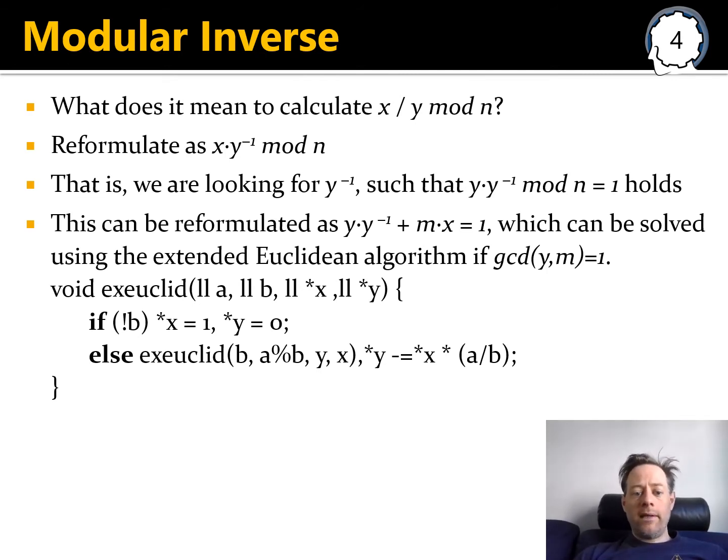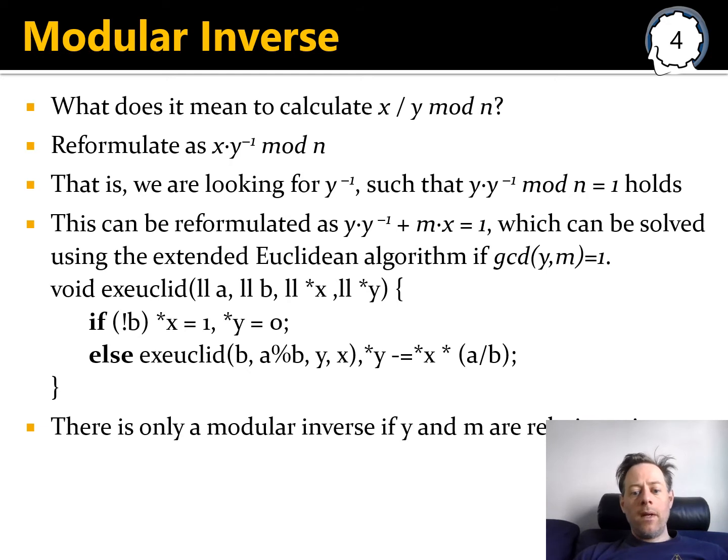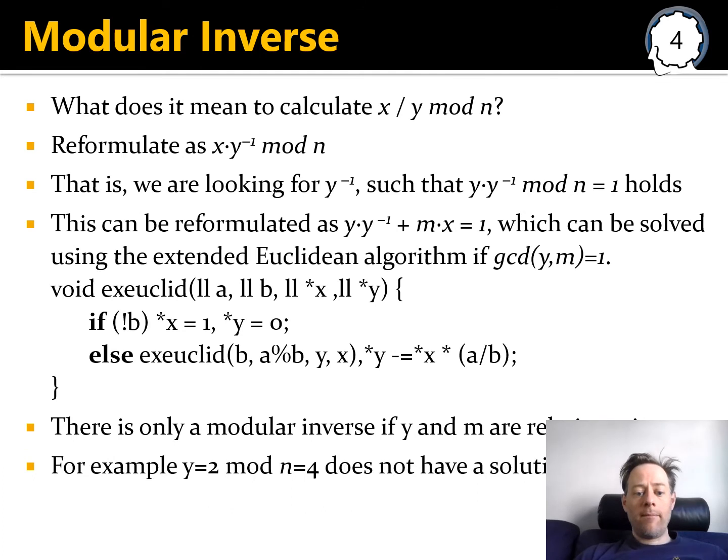So basically what you need to do is to implement this. And of course, the observation here is that there only exists a modular inverse if n and y are relatively prime, which means, for example, that if y is 2 and n is 4, there is no solution to the inverse. So that's basically the lab on modular arithmetic.